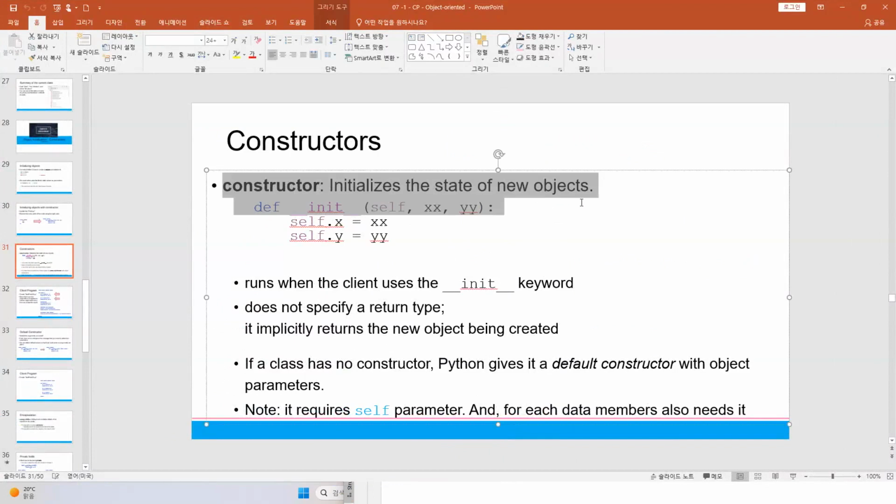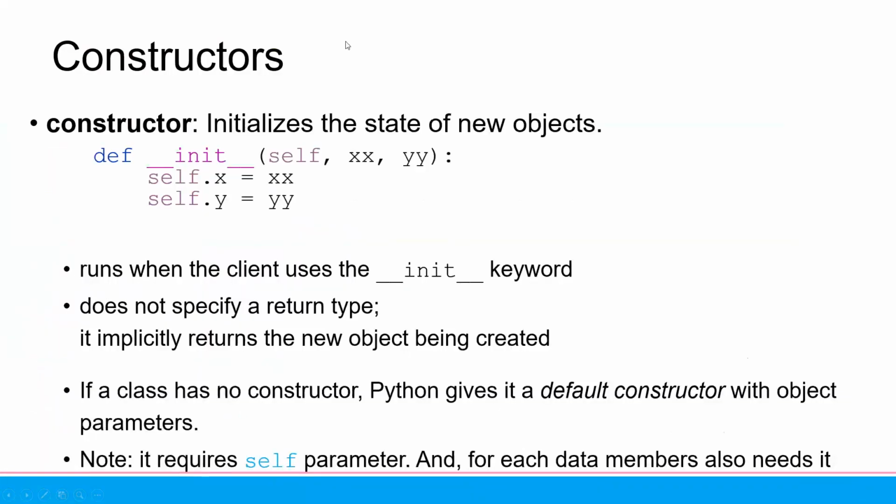We call this a constructor. So we want to initialize the state of new objects. Whenever we have a new object, it will create a new object based on the defined parameters. So this kind of constructor runs when the client uses init.